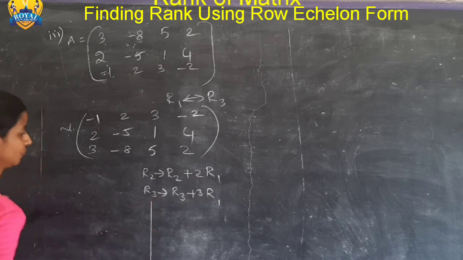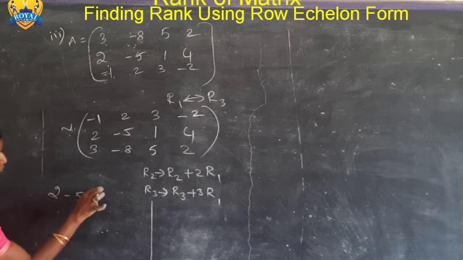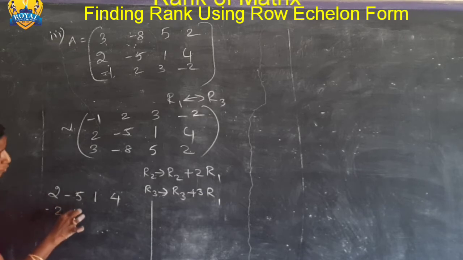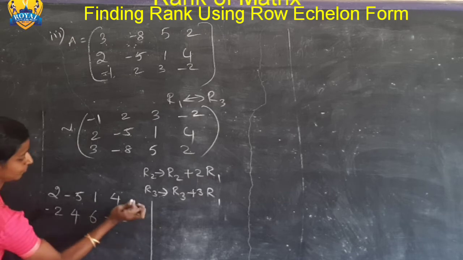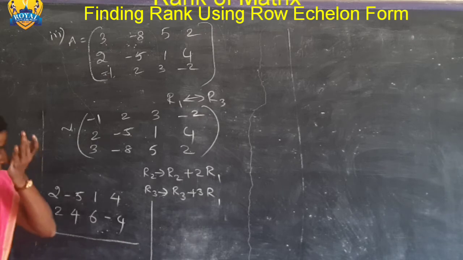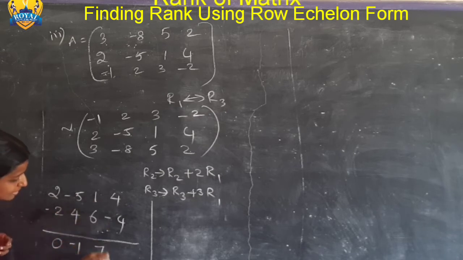Now what is my R2? R2 is 2 minus 5, 1, 4. I am going to multiply row 1 by 2. So minus 2, 2 2s are 4, 2 3s are 6, minus 4. I am going to add. So 2 minus 2 0, minus 5 plus 4 minus 1, 1 plus 6 7, 4 minus 4 0.